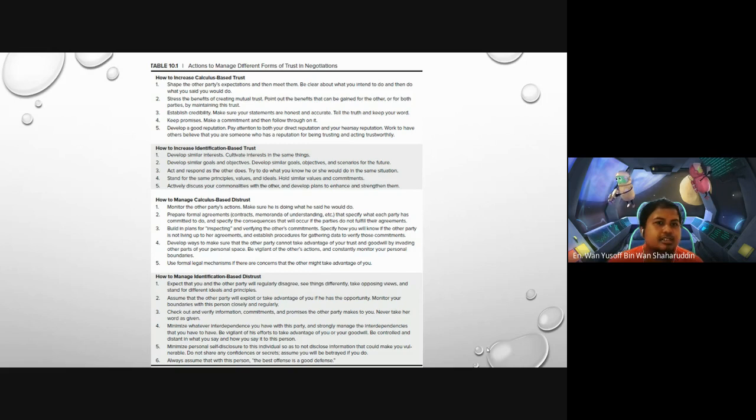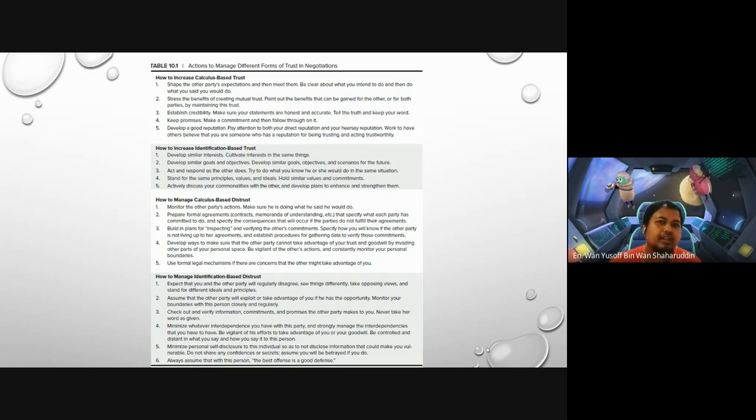So these are the actions to manage different forms of trust in negotiation. You can read this on your own, I'm not going to read the whole thing. So, how to increase calculus-based trust: shape the other party's expectations and then meet them. Stress the benefit of creating mutual trust. And how to increase identification-based trust: for example, develop similar interests, similar goals and objectives.